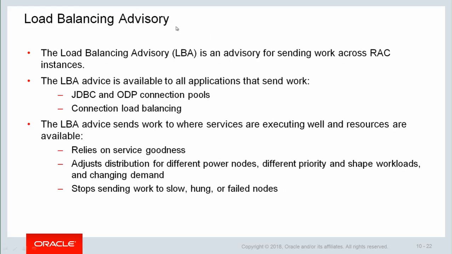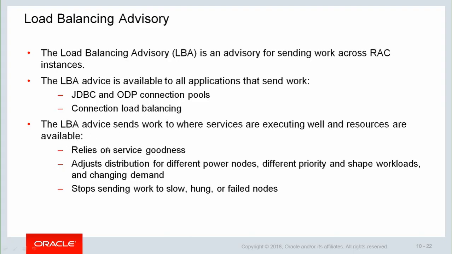And once a FAN message is delivered to the application tier, the load balancer advisory will send the work across the RAC instances based on runtime resource availability. And the load balancer advisory's advice is available to all applications that send work, JDBC and ODP connection pools, and connection load balancing as well.